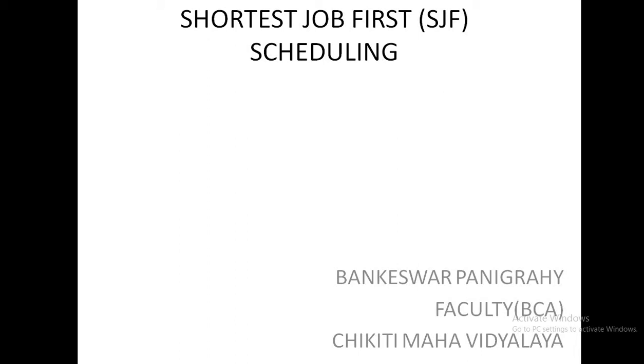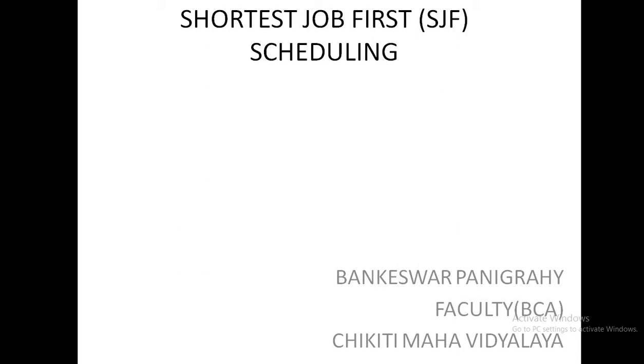Today we are going to discuss the shortest job first scheduling, or SJF CPU scheduling algorithm, and here also we will calculate the average turnaround time as well as average waiting time.